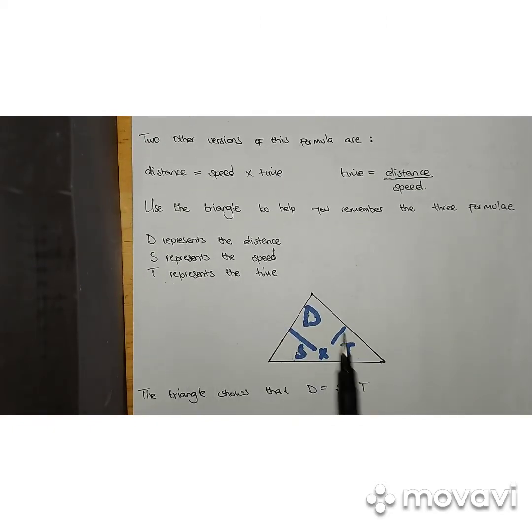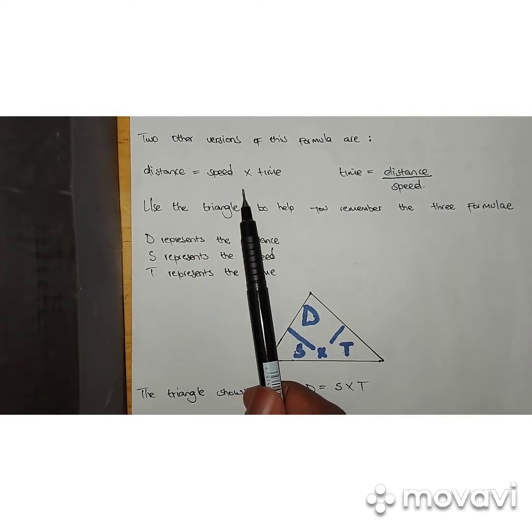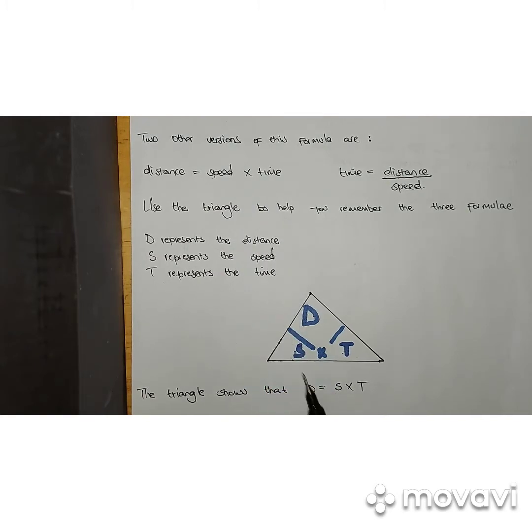In the triangle, D represents distance, S represents speed, T represents time. So if you want distance, distance will be speed times time. What is distance? Speed times time. If you want speed, speed will equal distance over time.